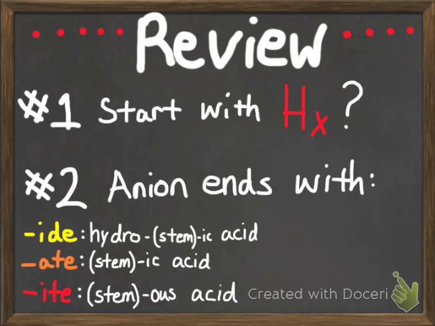Okay? If it ends in ATE or ITE, we're going to name it a little bit differently. If you need to, you can go back and review the IDE, ATE, and ITE anion endings and how we name those and look at those examples. But otherwise, just remember we need to first identify, is it an acid? If it is, then we'll look at the anion ending.